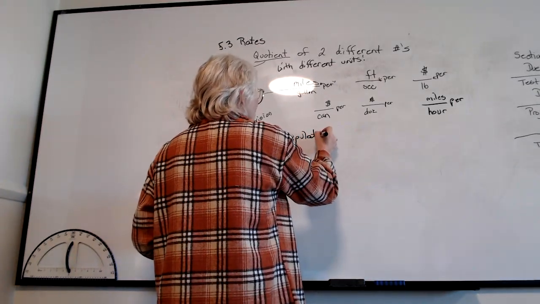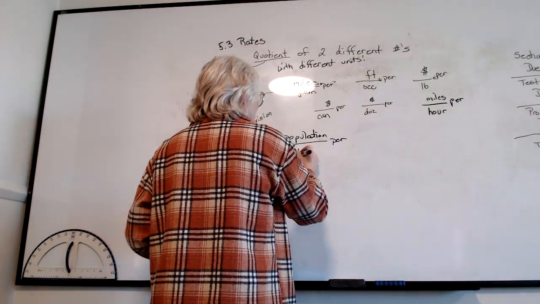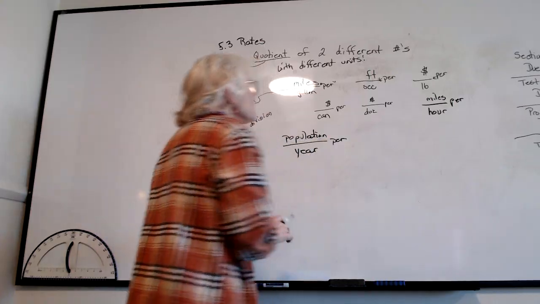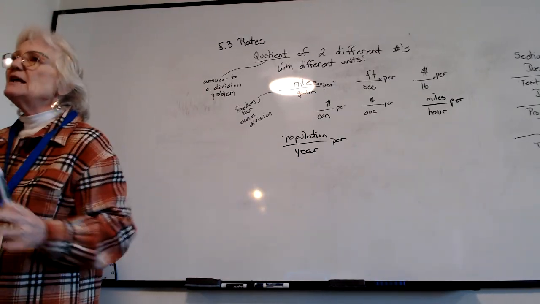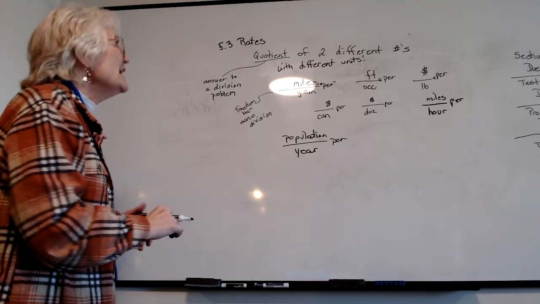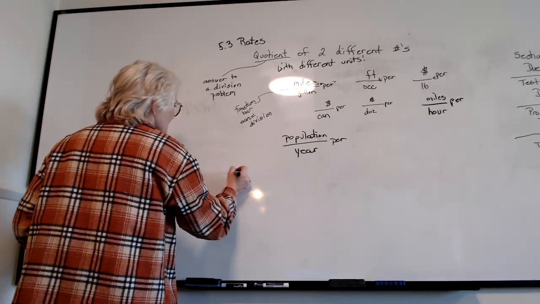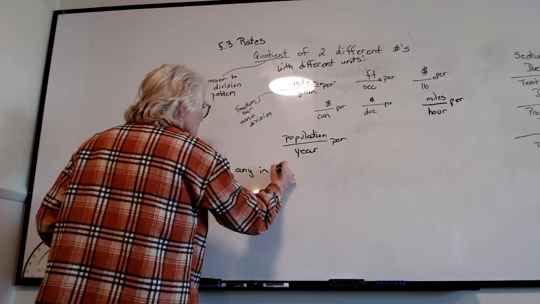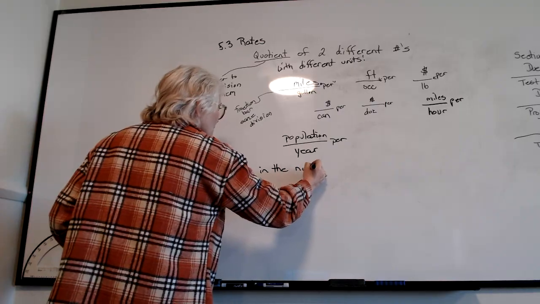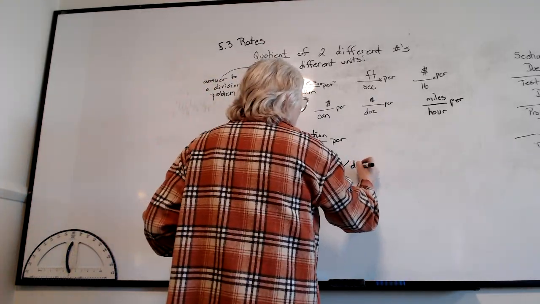Now, in a plain rate, you can have any number on the top and the bottom. So it can be any number in the numerator or denominator.